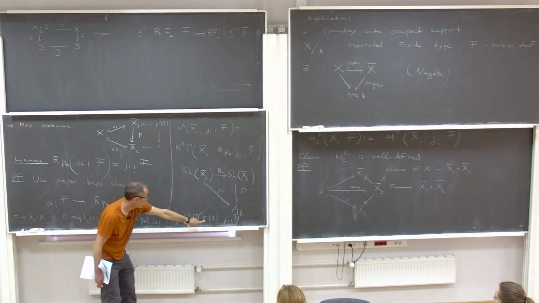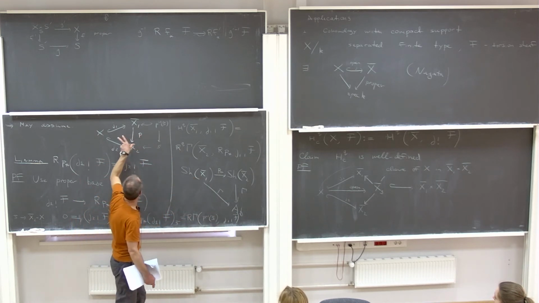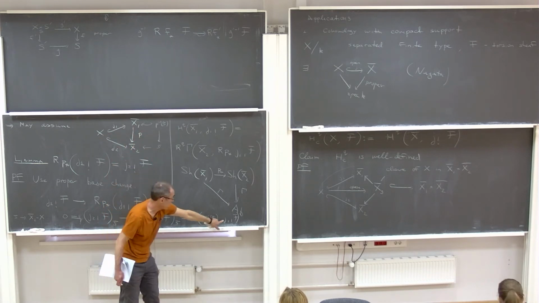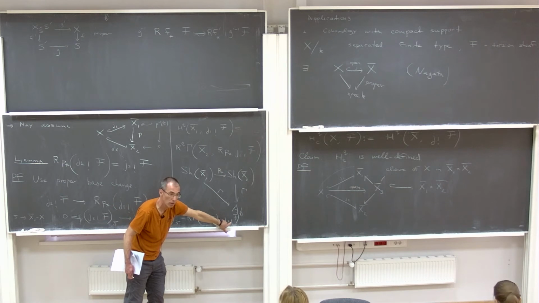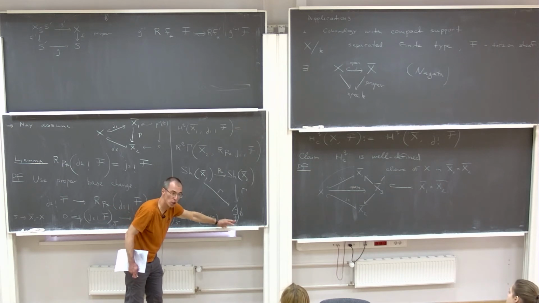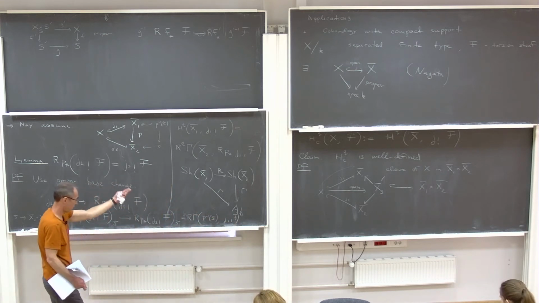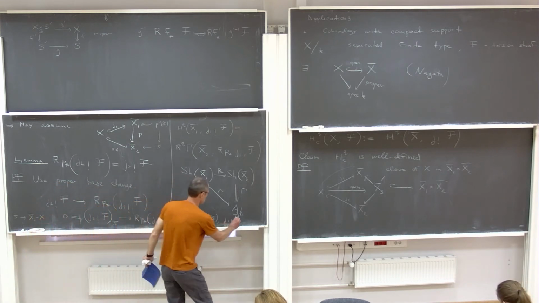And my sheaf, restricted to any point in the complement of X, is 0, because this is the lower shriek extension. So this is just the 0 sheaf. Computing cohomology of the 0 sheaf is easy. You get 0.